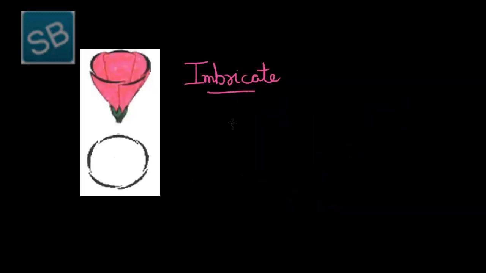Example is China rose and cotton. Now, the third type of aestivation is imbricate. As it can be seen from the figure, one member is completely inside and one is completely outside. The rest of the components overlap one another along their margins.